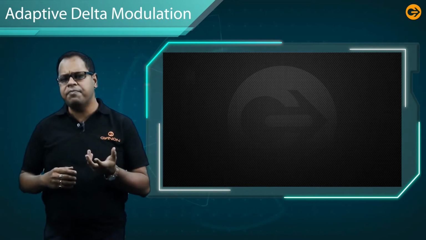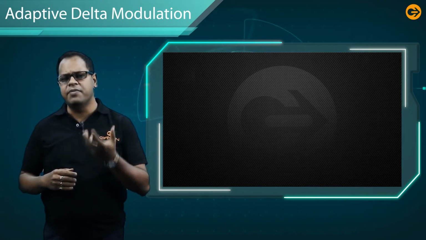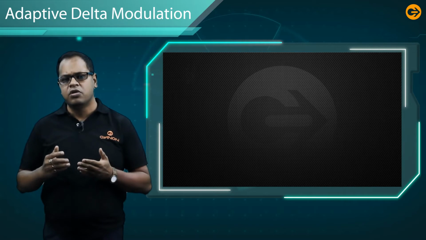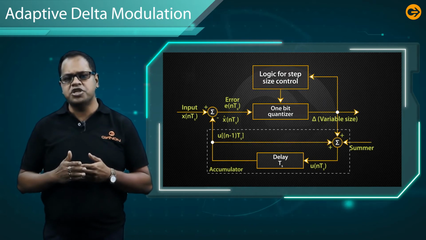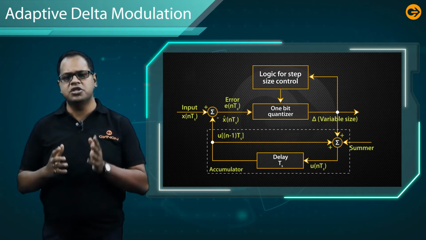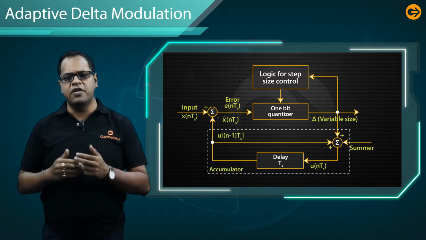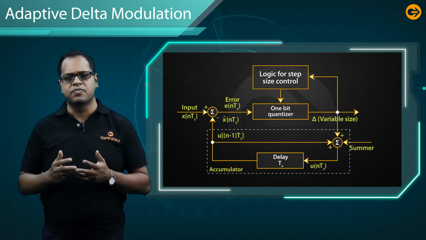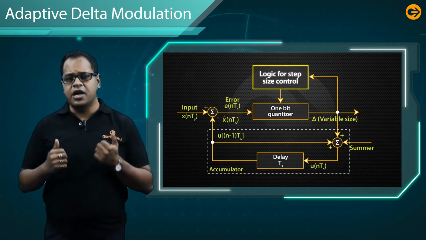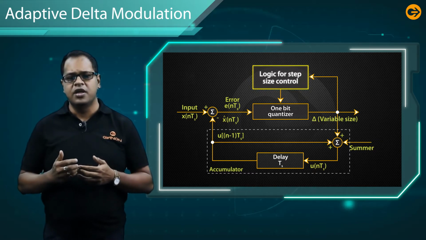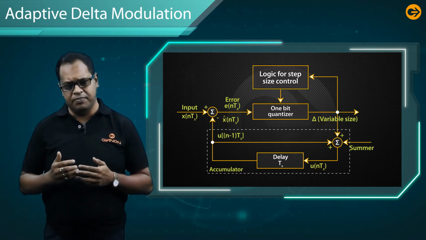This kind of problem can be overcome by using adaptive delta modulation. What do we mean by adaptive? Adaptive means there is something better, something good. So adaptive delta modulation is considered to overcome the difficulties in delta modulation. In this case, the logic for step size control is added in the diagram.